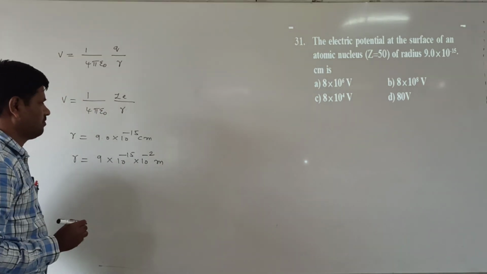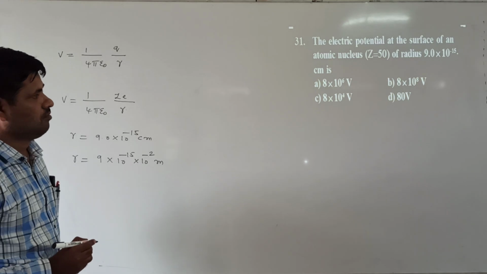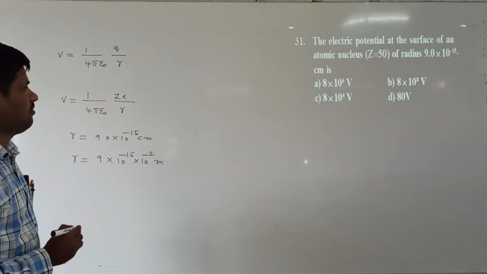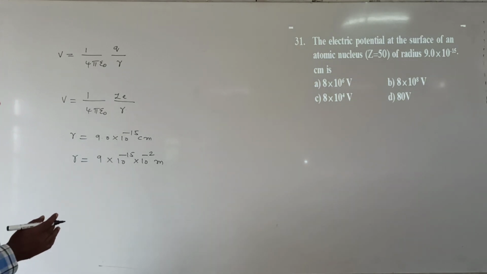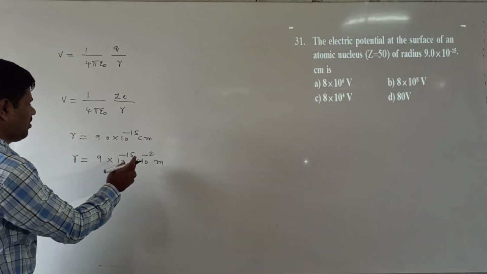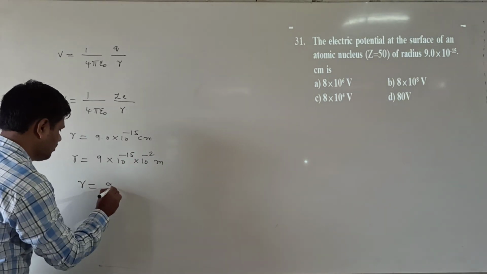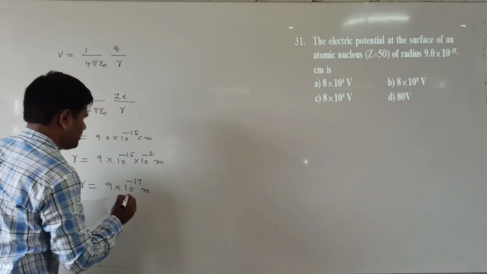Now the radius is equal to 9 into 10 power of minus 17 meters.